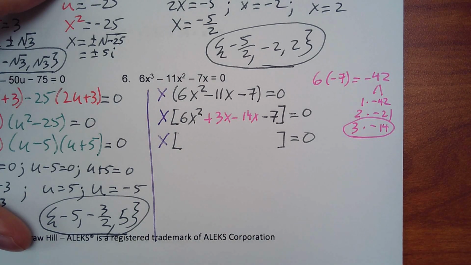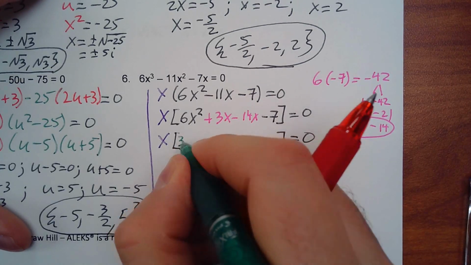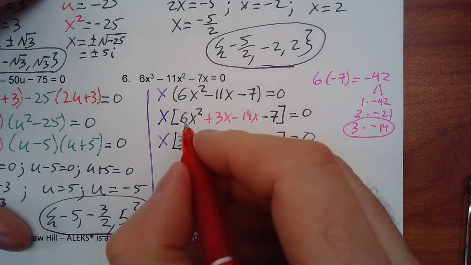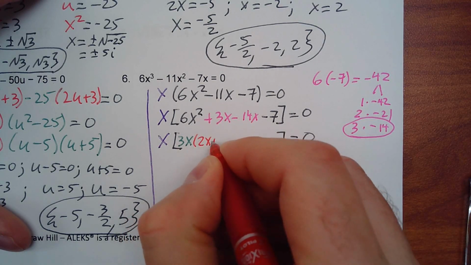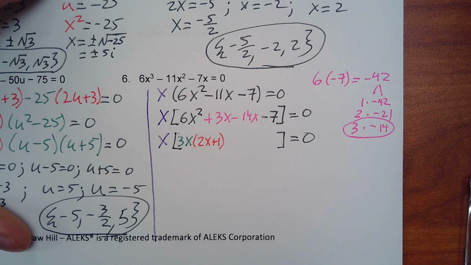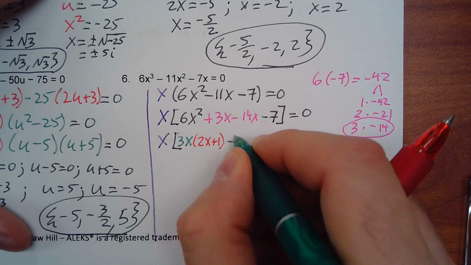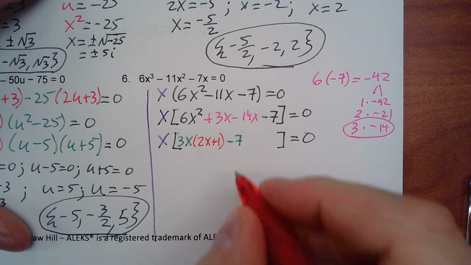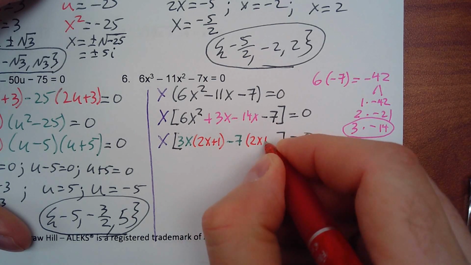So looking at the first two terms, I have a common factor of 3x. My leftovers are 2x plus 1. And the last two terms, I have a common factor of 7, though I want to take out negative 7. My leftovers are 2x plus 1.